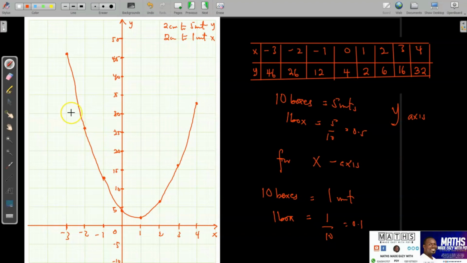Now, in as much as we finished drawing and then we also found out that it's a minimum curve, I told you early on that you can also use a function to determine it. Remember, our function was f of x equal to 3x squared minus 5x plus 4. I believe I'm right.